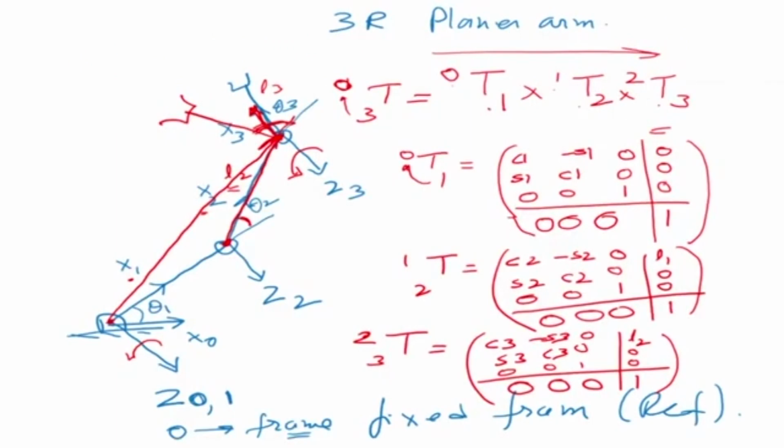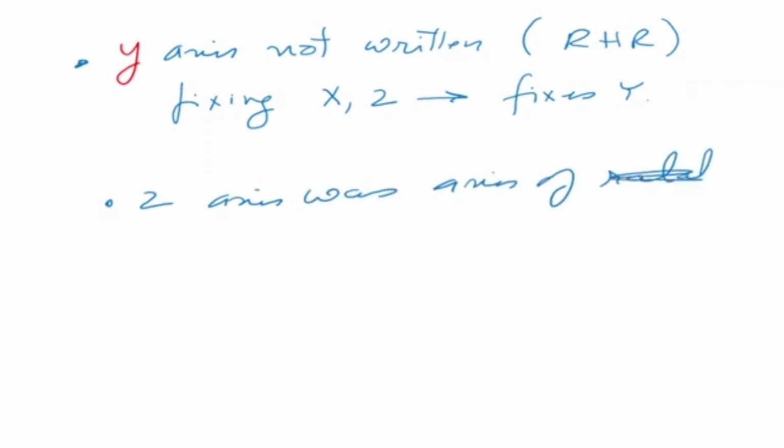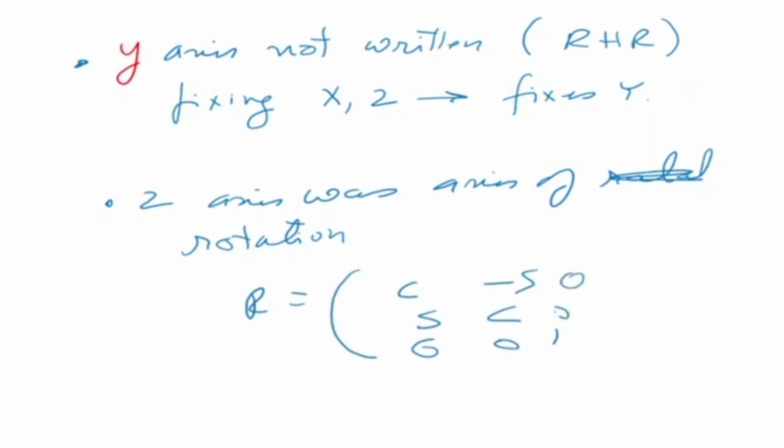Another thing to note is that the z-axis was the axis of rotation. Because the z-axis is the axis of rotation, the rotation matrix is always cos, minus sin, cos, 0, 0, 1, 0, 0.